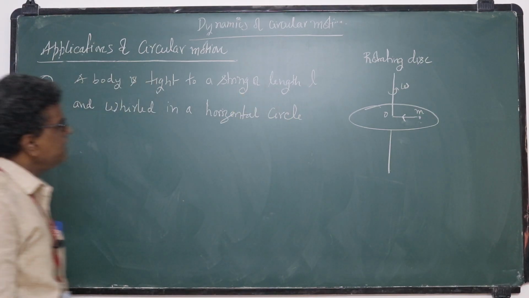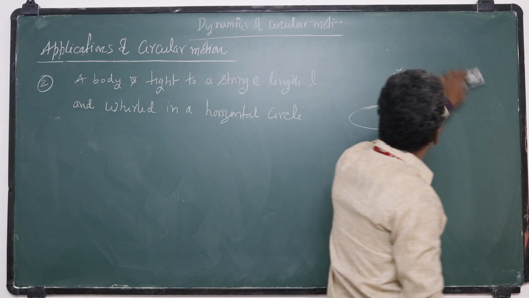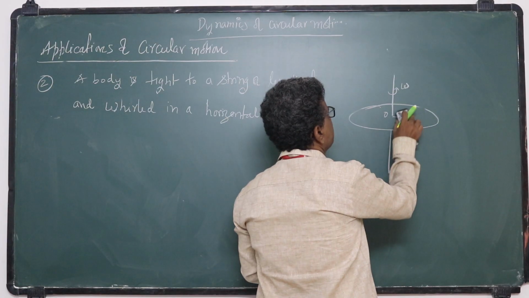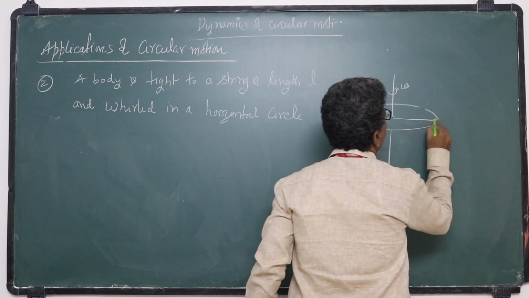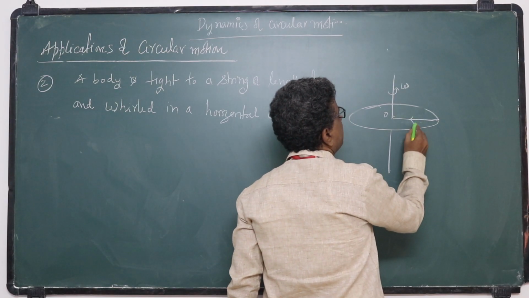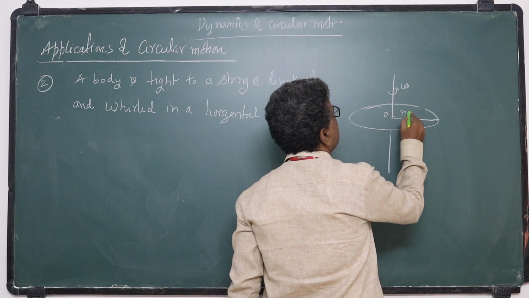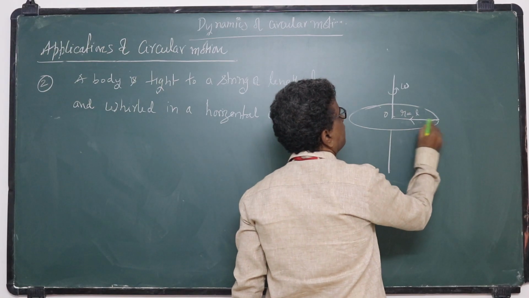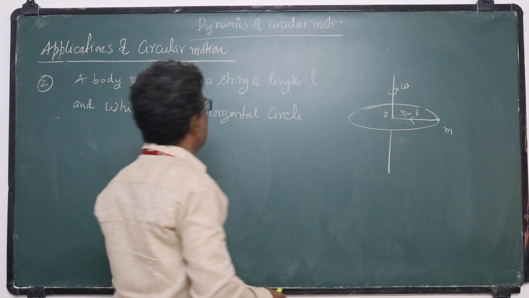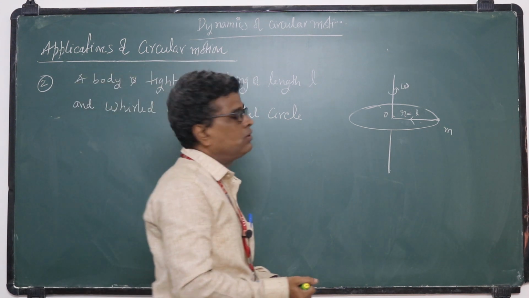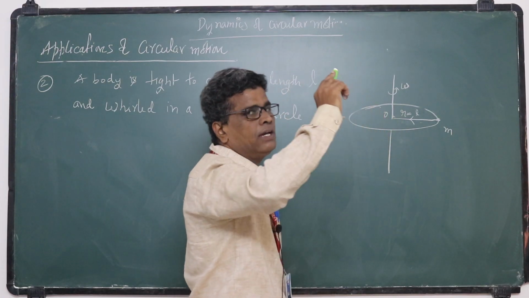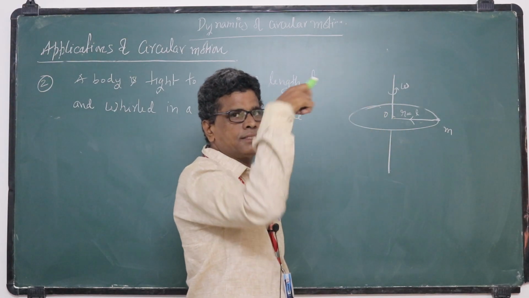So the tension in the string, see, here this is a body, this is a string. This string has length L, which is equal to the radius of the circle. Let m be the mass of the stone. The stone is tied to a string and whirled in a horizontal circle like this.